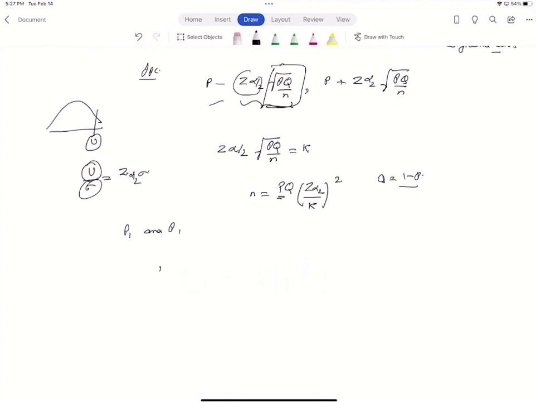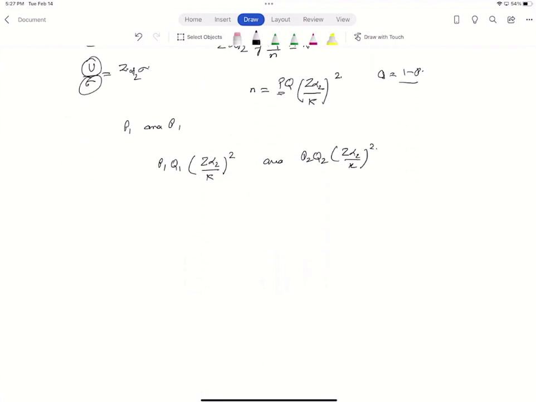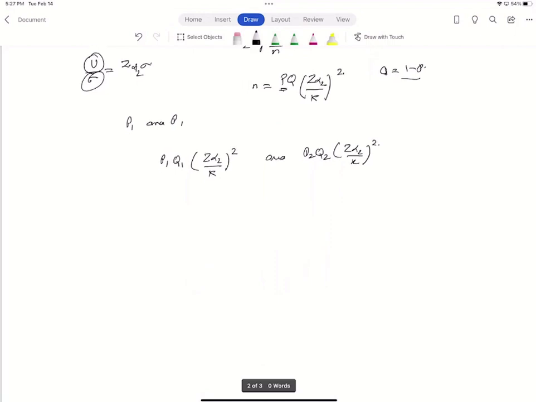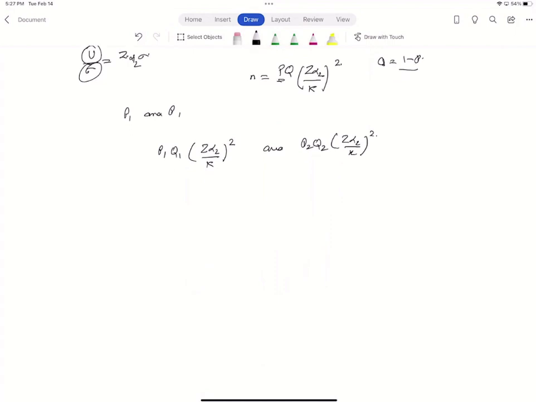We calculate one sample size with P1 Q1, this remains the same, and another with P2 Q2 Z, and after we calculate them, we will take the larger of the two sample sizes. So let's just do an example.